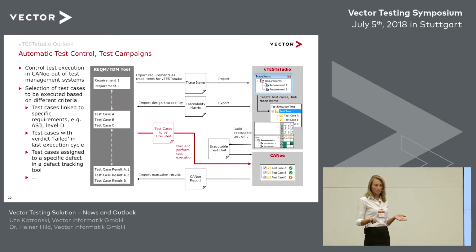So we couple it up with the TDM system by automating CANoe based on what we've got available in the TDM, and then ultimately you've got the opportunity of selecting test cases at random query options of the TDM system. So everything that the TDM system allows, RQM, Polarion or PTC, all of this can be used by you in order to ultimately execute the appropriate test cases.